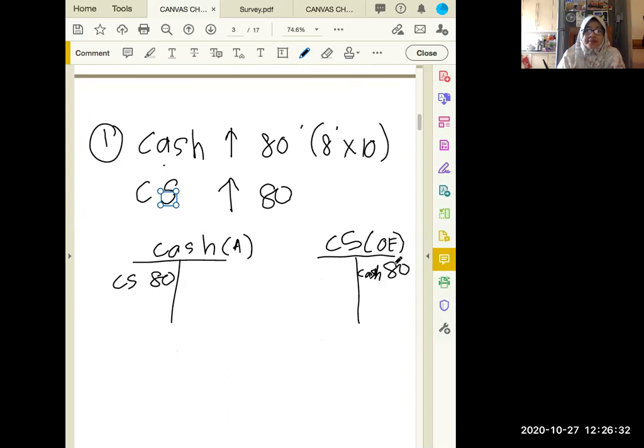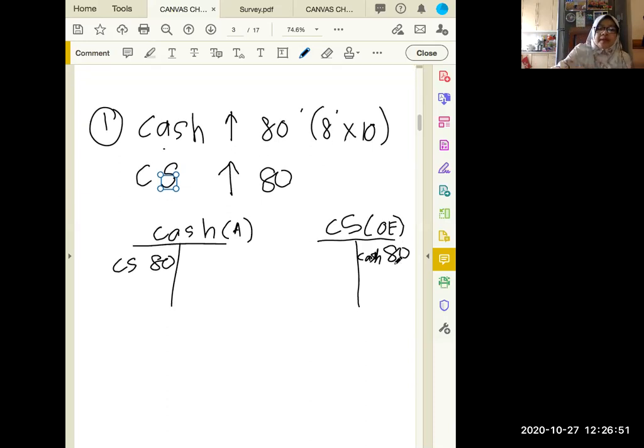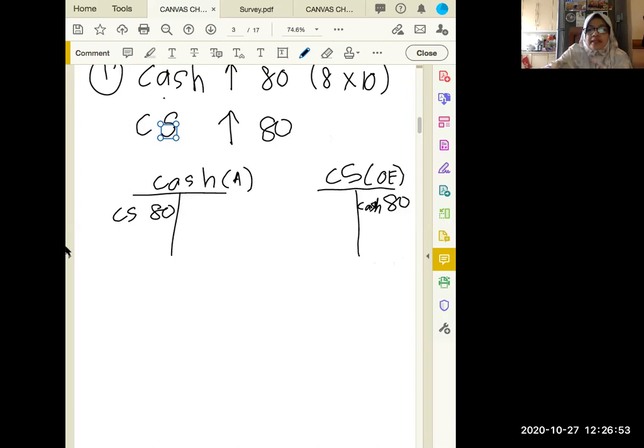Are you following now? So now cash increases 80,000, capital stock increases 80,000. You know that cash is an asset, so any increase in asset is debited. Any increase in owner's equity is credited. So that's why you have the T accounts in such a way. Okay. Number 2. Let's look at the next transaction.